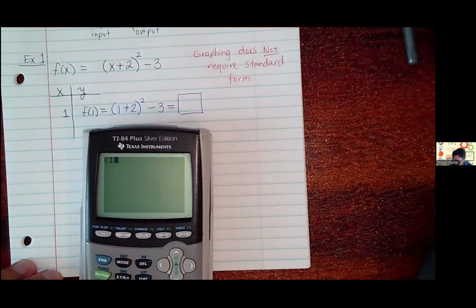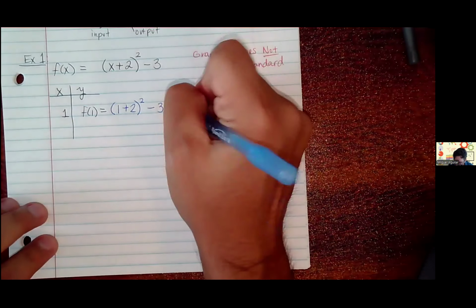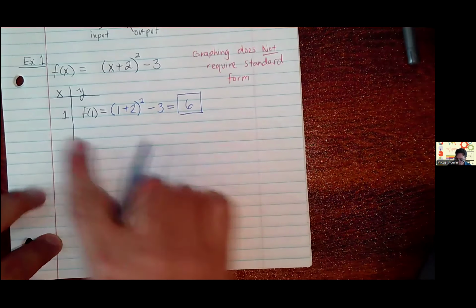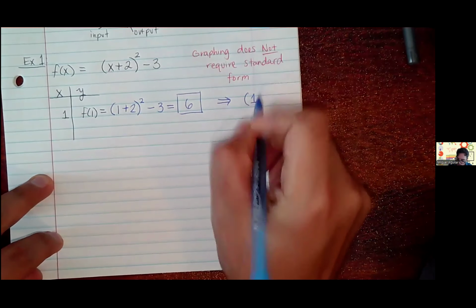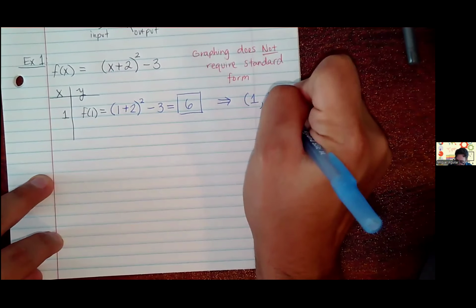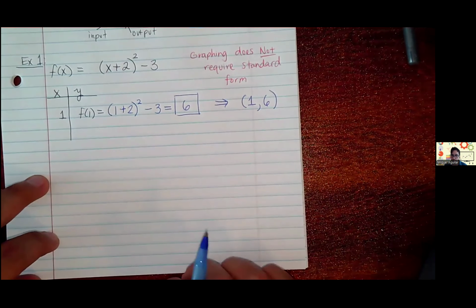So (1 plus 2) squared minus 3 is 6. You guys okay with that? Yes. Okay. So that means we now have the ordered pair (1, 6), where 1 was our x value that we chose, and we could plot that point. Are you guys okay with that?